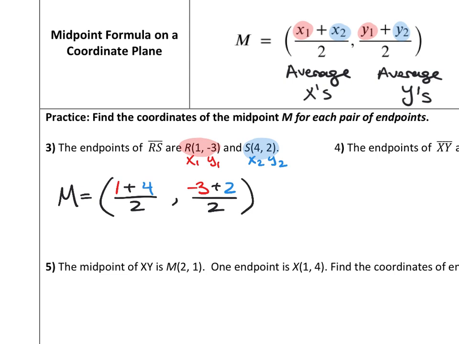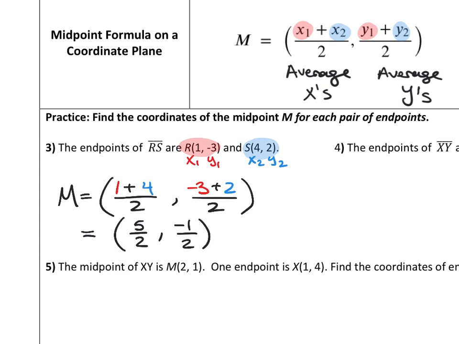We're going to write our answers as both fractions and decimals. I prefer fractions, but I realize that you prefer decimals, so we're going to do both. If we do 1 plus 4, what is 1 plus 4? 5. So the first one would be 5 over 2, comma. What is negative 3 plus 2? Negative 1. That is our answer for our midpoint as a fraction.